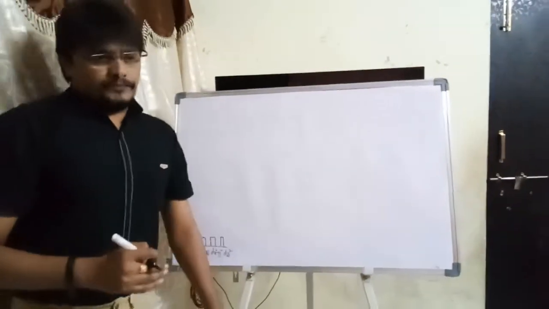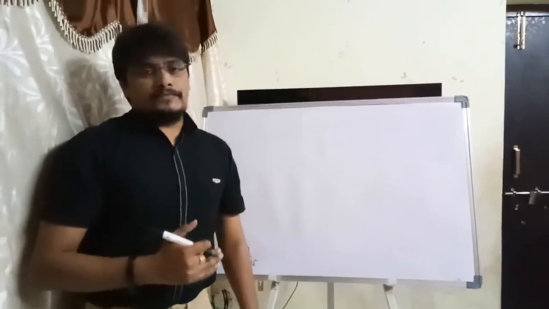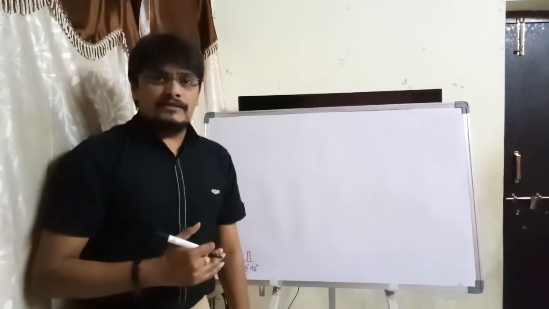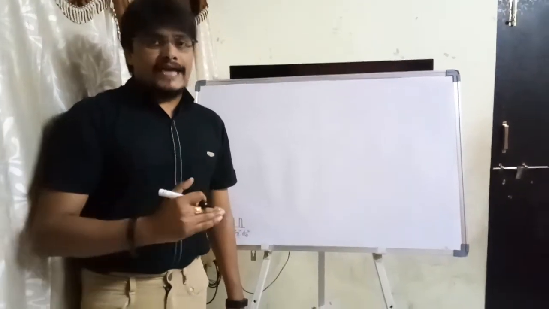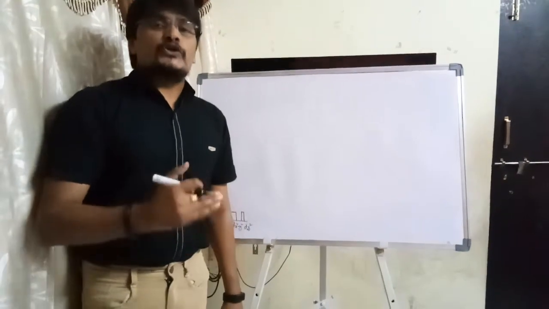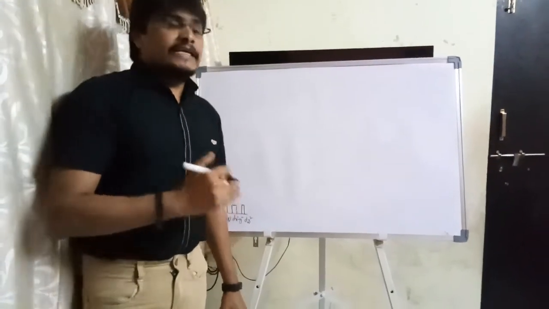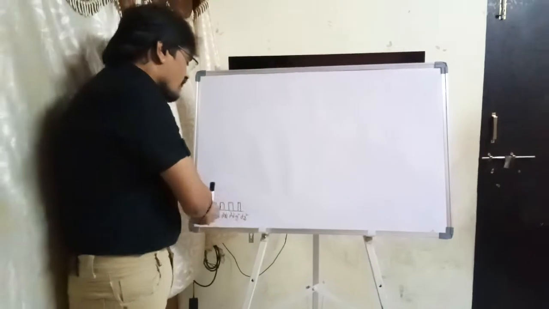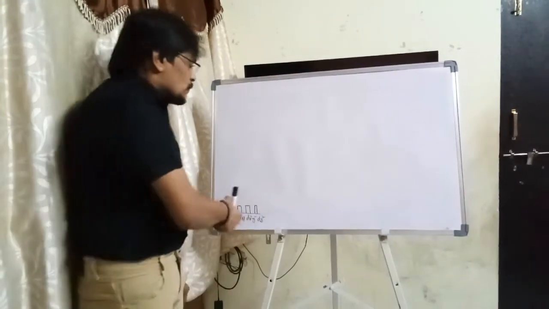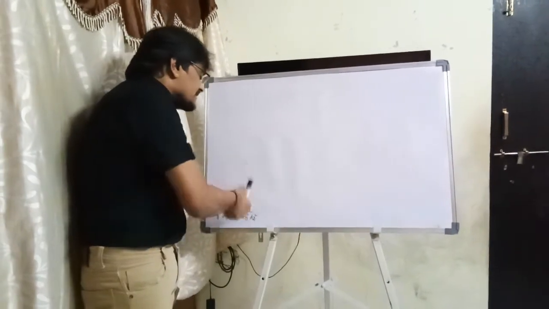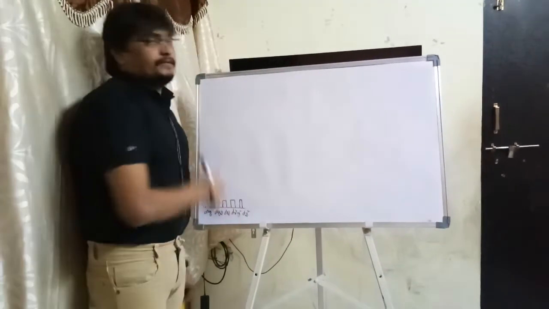Before the ligand approaches, that is, before the electrons on the ligand approach the electrons on the metal, the degeneracy of these 5 d orbitals is one and the same. That is, they are associated with the same energy level.